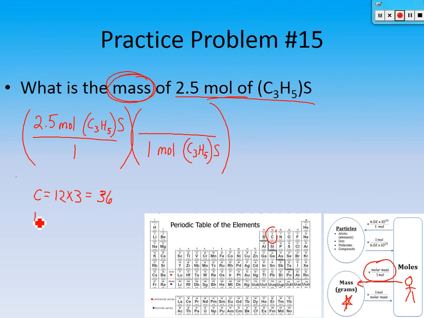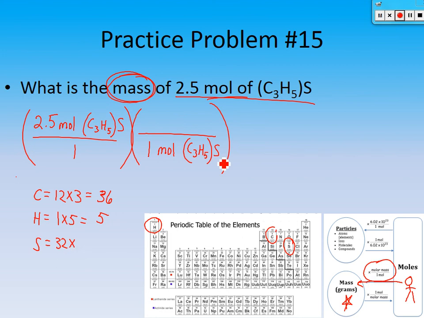Okay, let's go to hydrogens. Hydrogen is right here. Its molar mass is 1, but I've got 5 of them, so I'm going to times that by 5. That gives me 5. And I've got sulfur. Sulfur on the periodic table is right here. Its molar mass is 32.